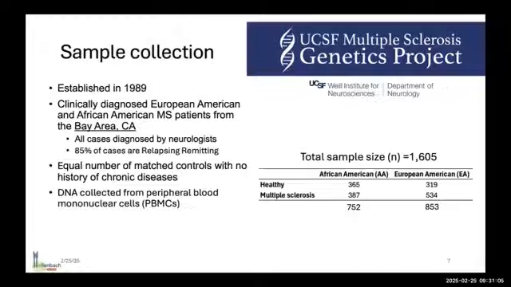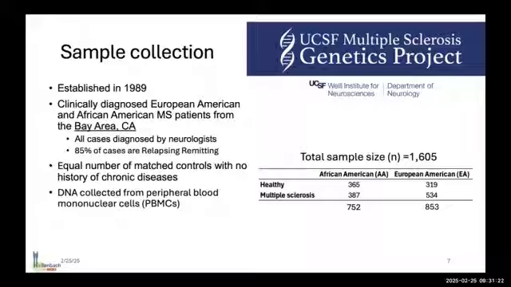So at UCSF, we have this really excellent department for studying multiple sclerosis, and this group was established in 1989 and has been both treating and collecting data from MS patients since then.